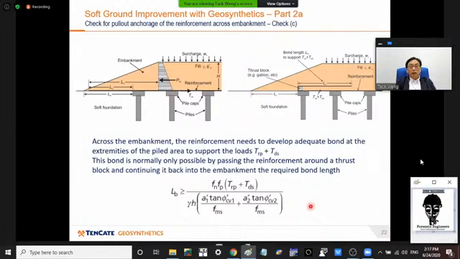That was the bond length along the embankment. The bond length across the embankment is equally important, and sometimes the edges may not have enough soil-to-soil contact for adequate bonding, and in this case you will be wrapping around back into the embankment with the truss block sitting on top of the edge pile cap.